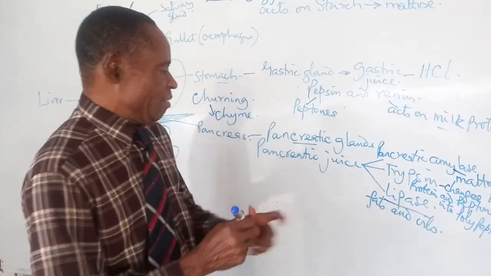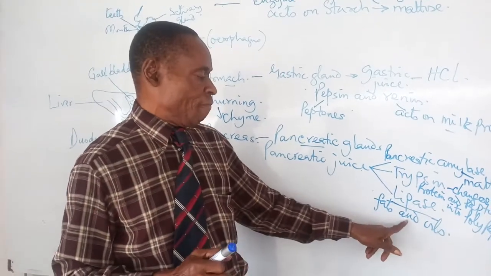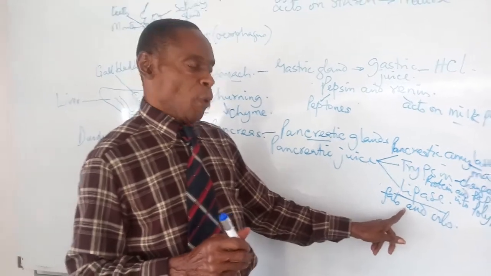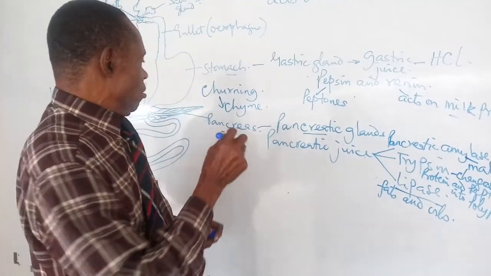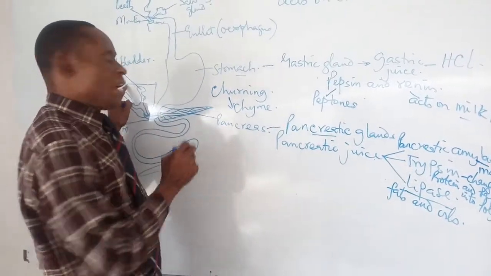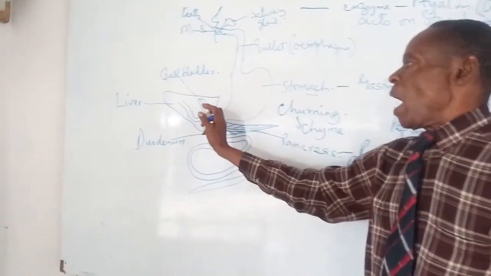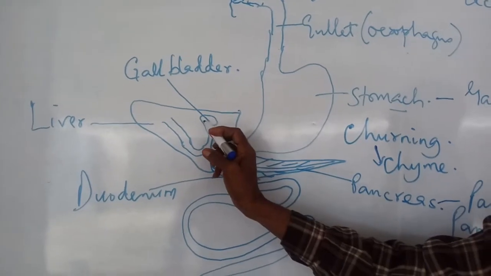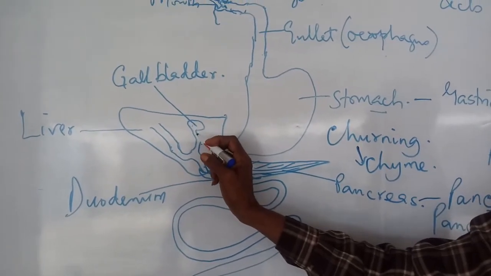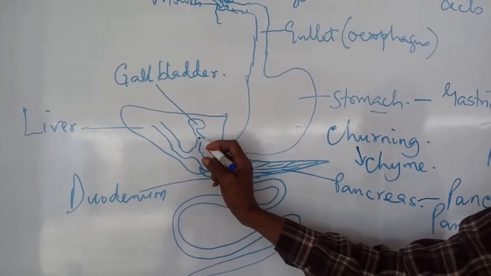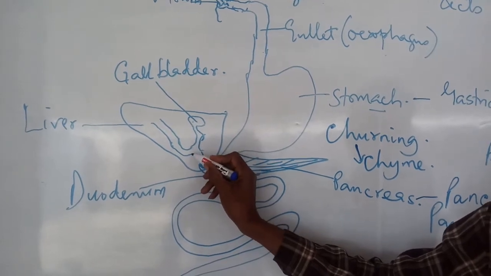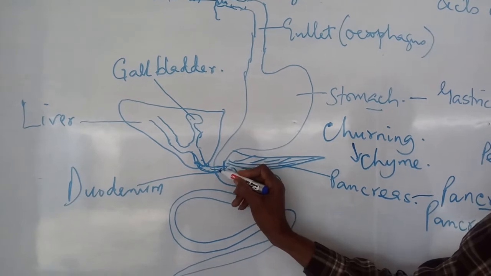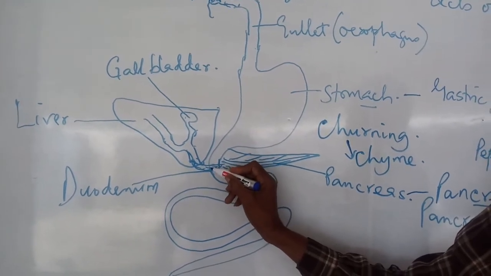And what happens is, before lipase acts on fats and oils, these fats and oils must be broken down, and the liver now releases the bile. The bile is a greenish liquid, and this greenish liquid bile travels through the bile duct and enters the small intestine through the duodenum.